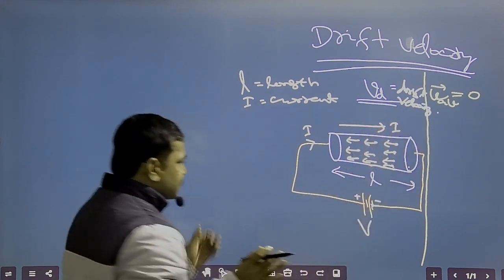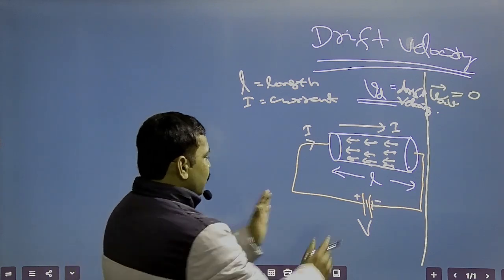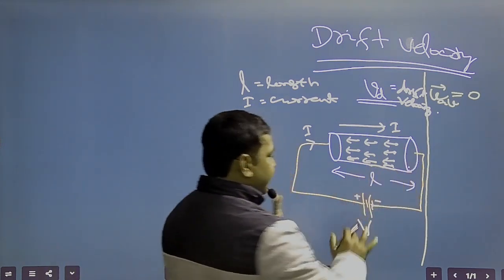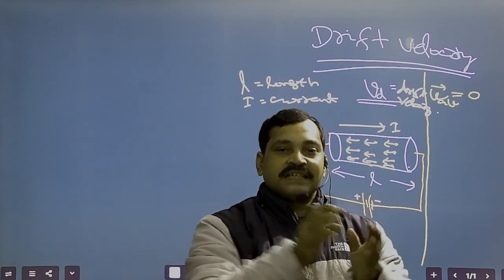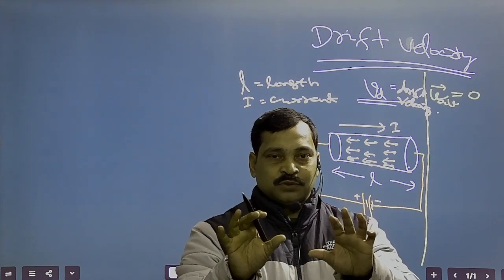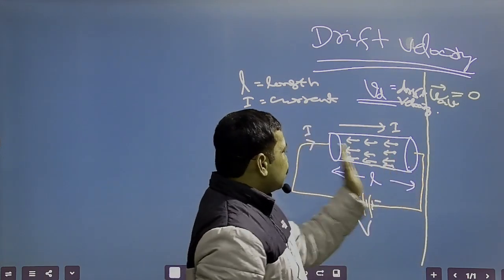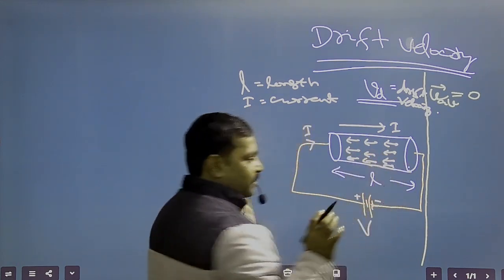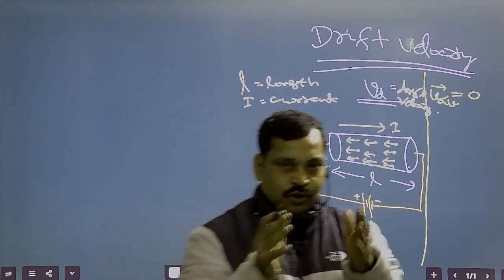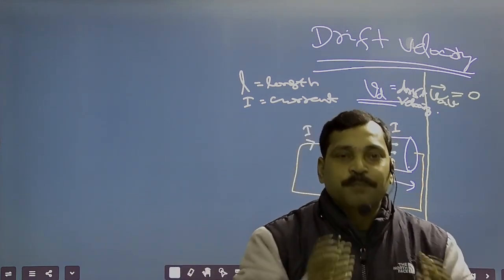Now you see what will happen when the external electric field is applied. These electrons are drifted from negative to positive. Suppose we are considering one electron. What was its initial velocity? Suppose u1.